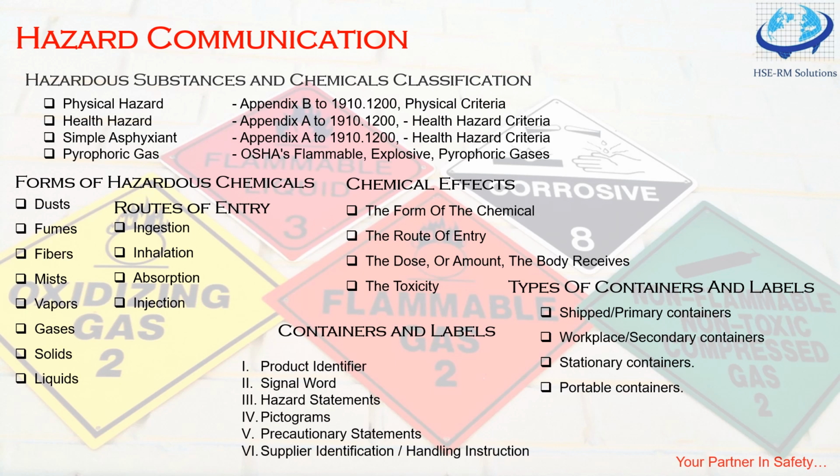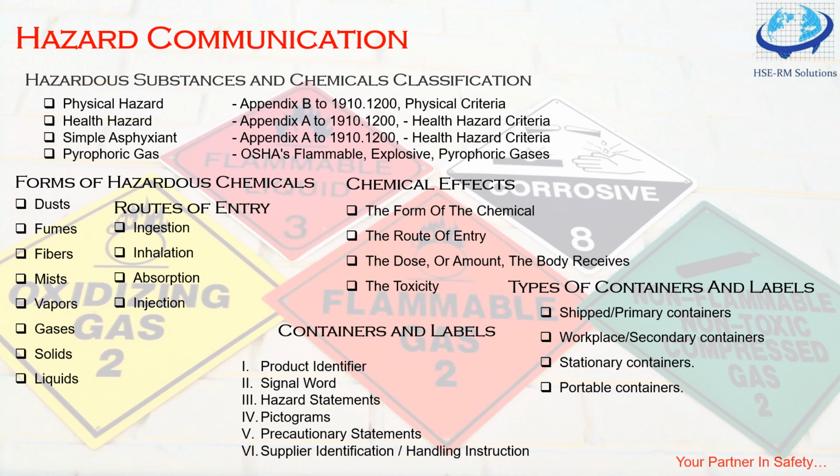Now comes the hazard statement. This is a phrase assigned to a hazard class and category that describes the nature of the hazardous product and the degree of hazard. Then comes the pictogram. So this part is clear, the hazard statement is basically a phrase assigned to a hazard class or category. Like we have 1, 2, 3.